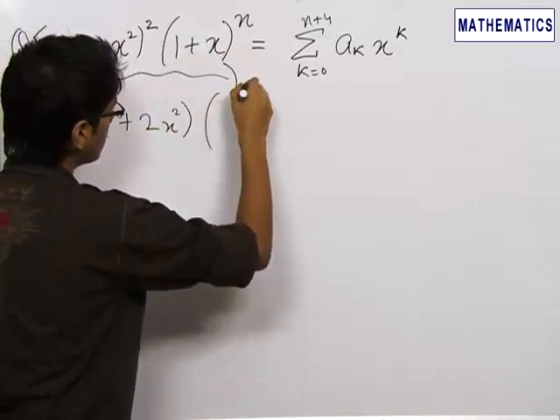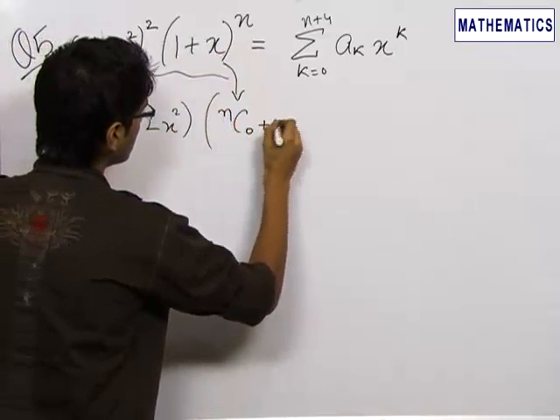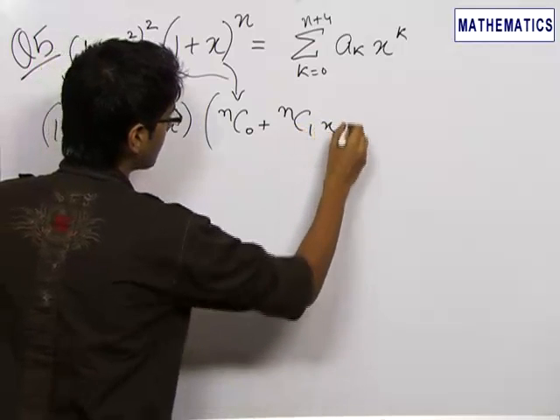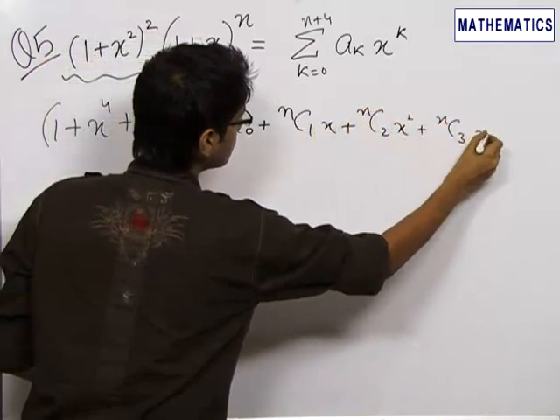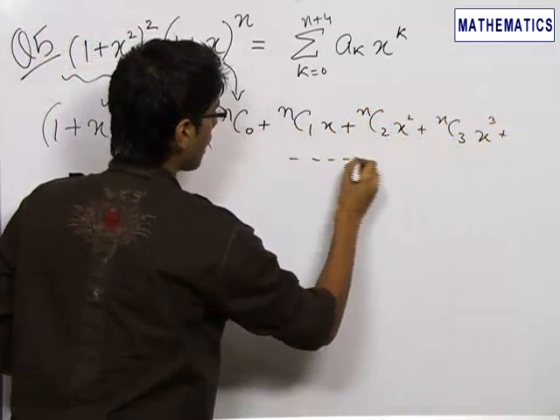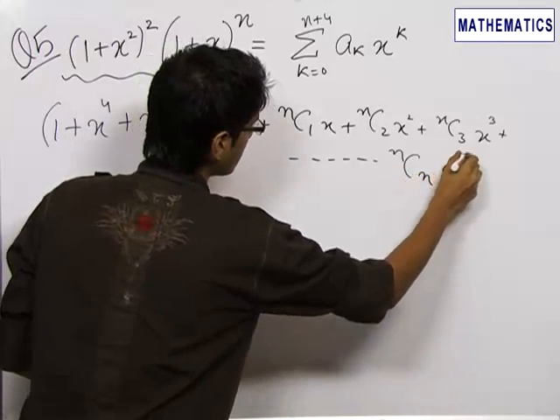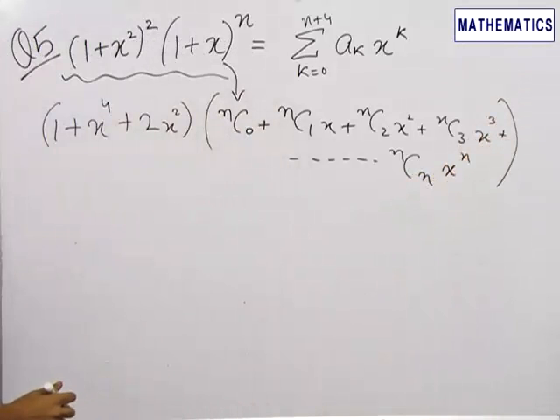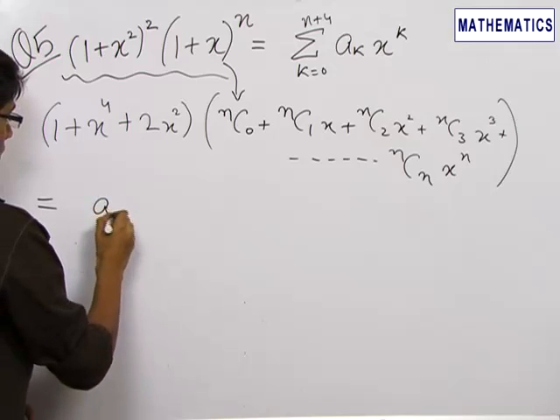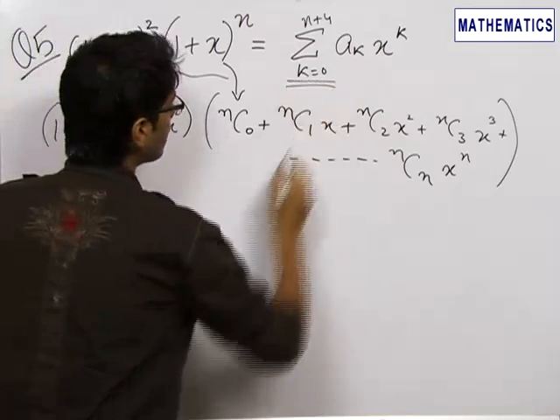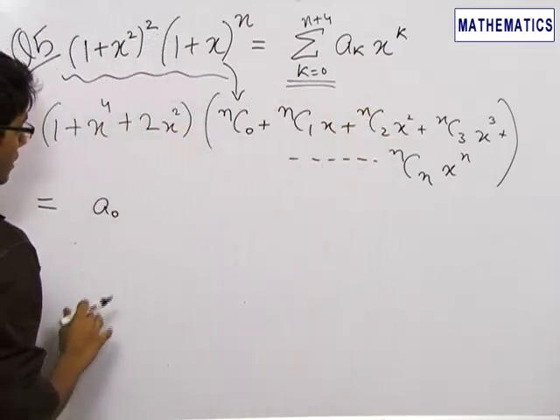Now this expansion we would put here. We get nC0 + nC1 x + nC2 x² + nC3 x³, going in the similar fashion up till nCn x^n, which will be equal to, we put different values of k and write the expansion which is present in the right hand side.